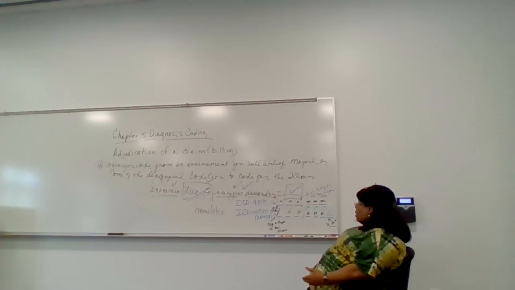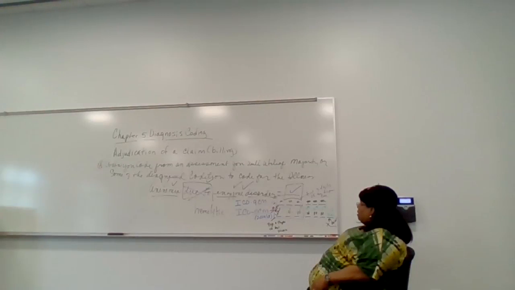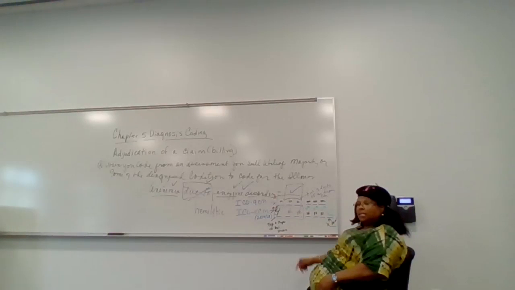So the reason why you cross-reference it: whatever a well woman exam is in ICD-9, if that doctor's still stubborn on using ICD-9, then you need to find out the well woman diagnosis code is this. Well, what is the well woman diagnosis code in ICD-10? They're saying the same thing, except one is ICD-9 and one is ICD-10.